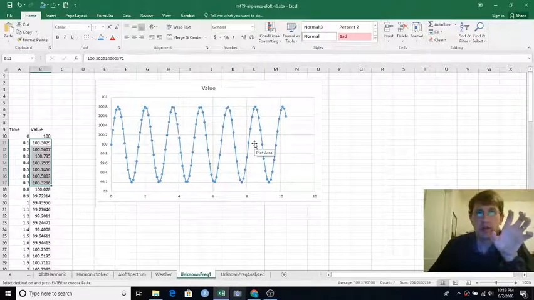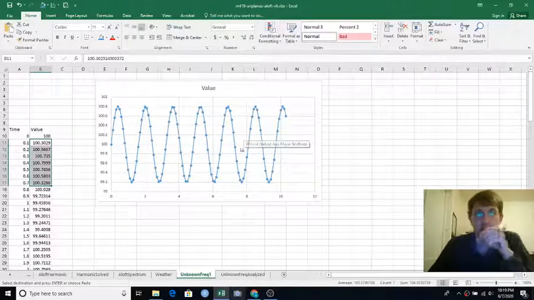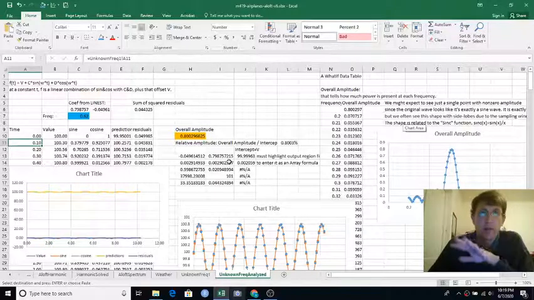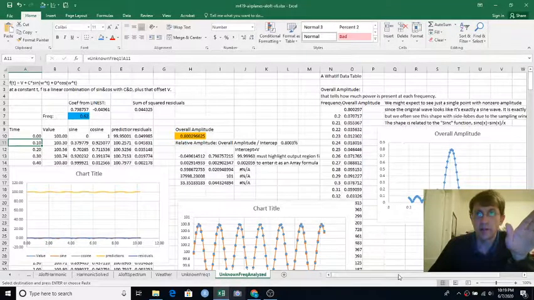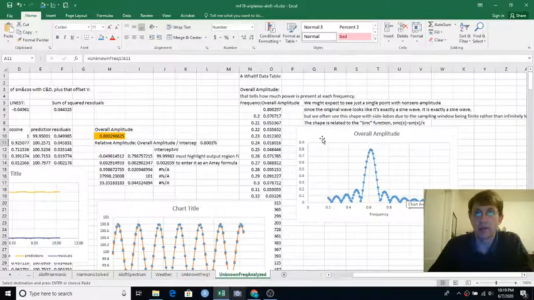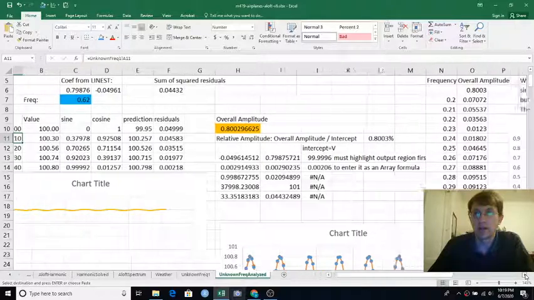We could fit a function and try to adjust the frequency of it until we get a good match, and that's not a bad idea. But a more interesting thing we can do, and I know there's a lot going on here, instead of just trying once a day or once a year, we can just try sine waves of a whole bunch of different frequencies and see how well each of them fits. And that's what we're doing here.